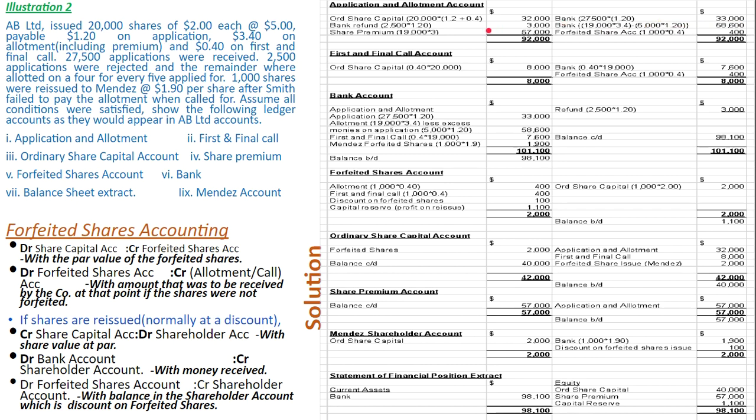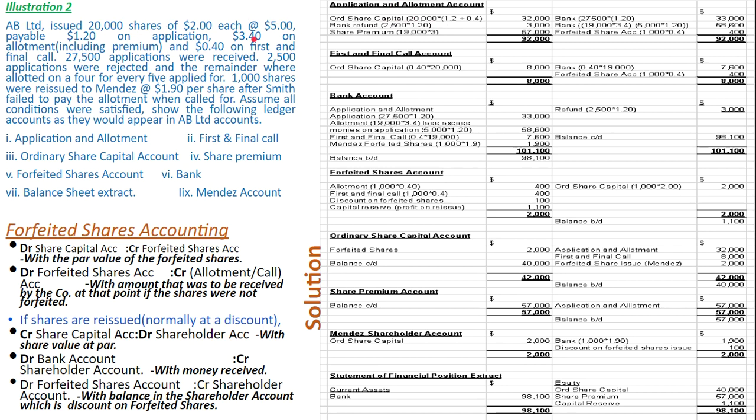Next, we need to record the value of share capital received. So share capital always has a credit balance. Therefore, we debit the respective stage accounts. So firstly, we have application and allotment. So on application and allotment, the ordinary share capital is always reported combined. So in this case, we have $1.20 on application and 40 cents on allotment.